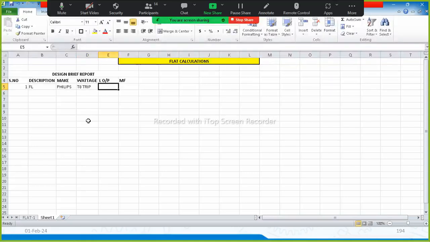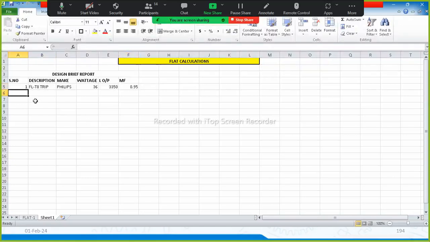Here the wattage we have taken is 36 watt. The lumen output was 3350 and the maintenance factor was 95%.